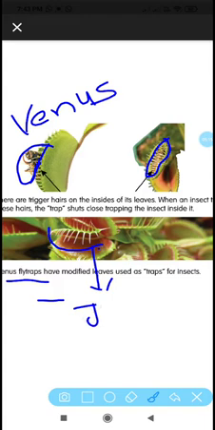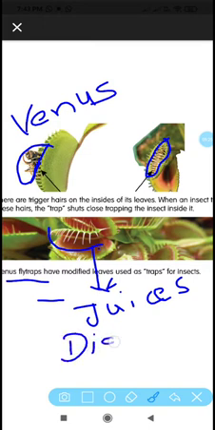These juices are called enzymes. These enzymes help in digesting the insects or animals trapped by these hair-like structures. That is the speciality, the modification we can see in the Venus flytrap plant.